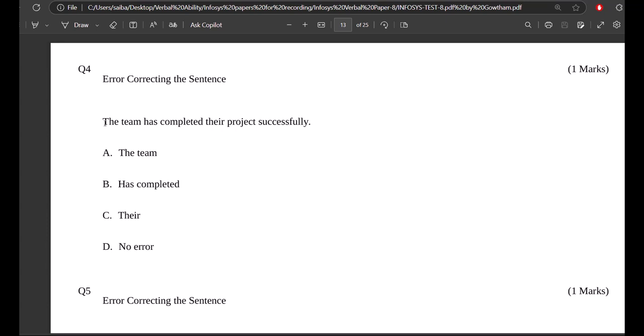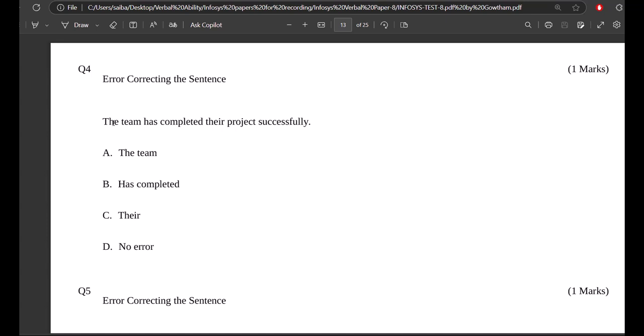Team is a collective noun and has is the singular verb. So the subject is singular, the verb is singular. So the team has completed, this is correct. Their project successfully.